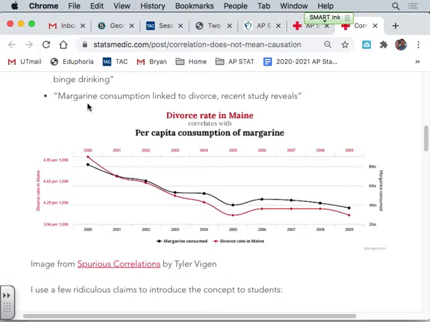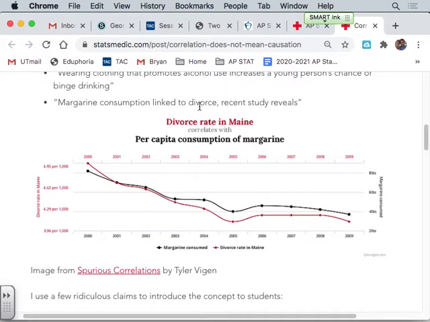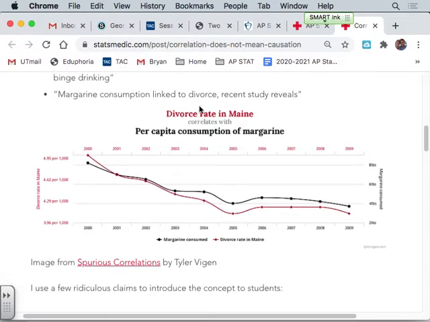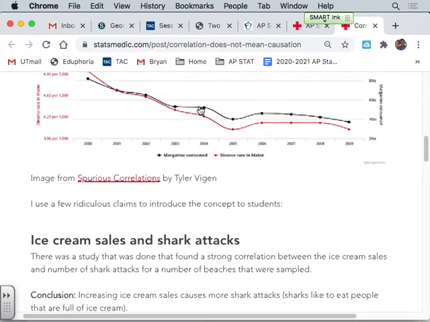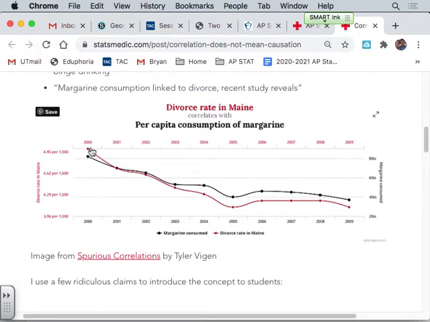Margarine, so like butter consumption is linked to divorce, recent study finds. So the more butter that you consume, the more likely you are to get divorced. There's maybe some sort of random association, but there was no actual butter making you get divorced. But here's the data. Look at how nicely they flow together there.